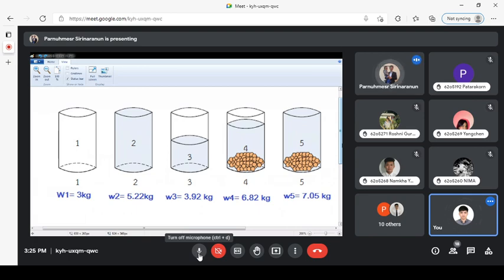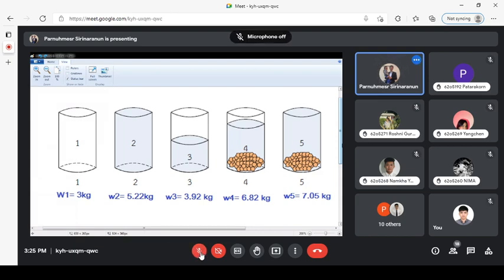To find the weight of material in air, the weight of material in water, and also the specific gravity of the material. Three answers: weight of material in air, weight of material in water, and specific gravity of material. 5 minutes.